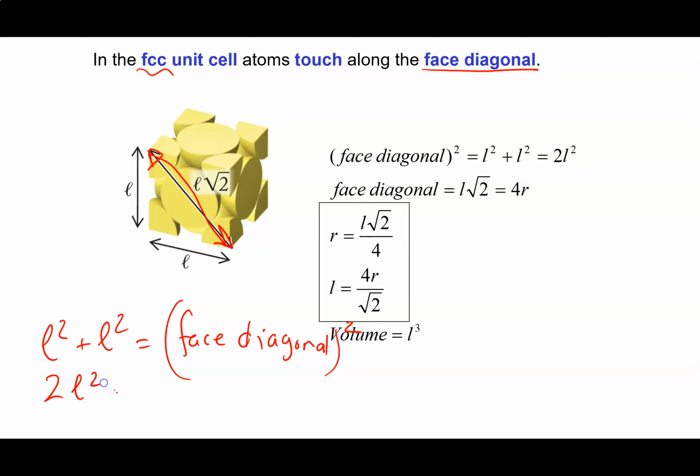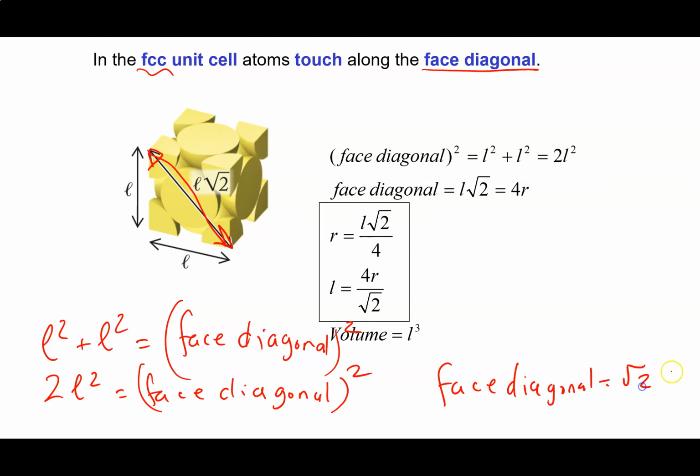So 2L squared equals the face diagonal length squared. And then I can take square roots and reorganize, and what I end up with is that the length of the face diagonal is equal to root 2 L.